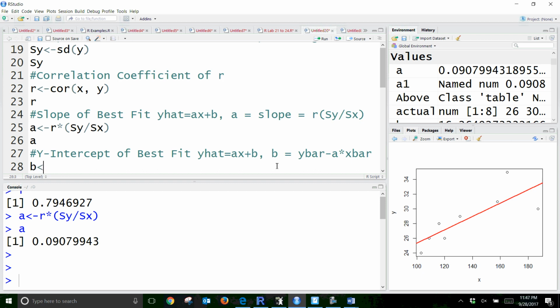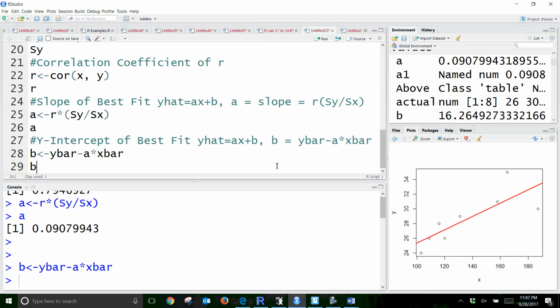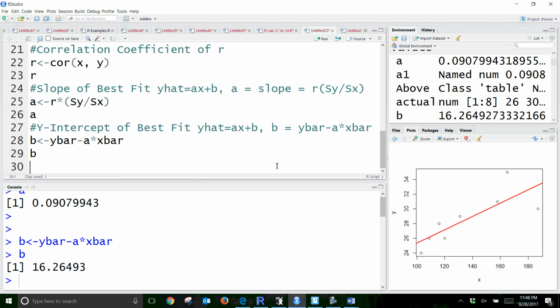So b is going to be y bar minus a times x bar. Okay, so that's about 16.26. So, all right, we have our slope and our intercept for our least squares regression line.